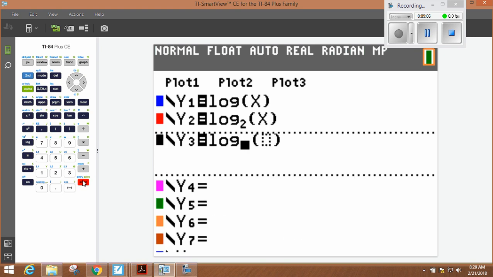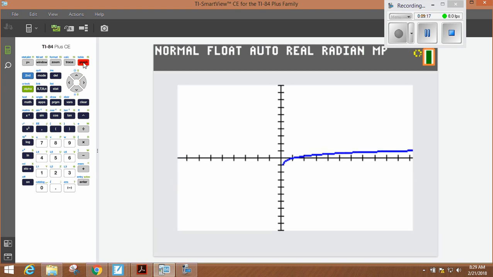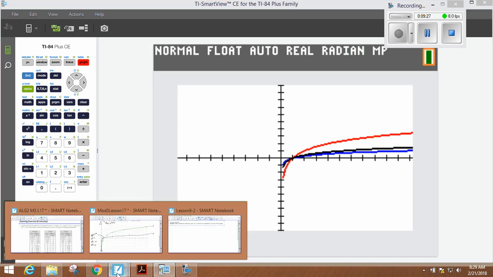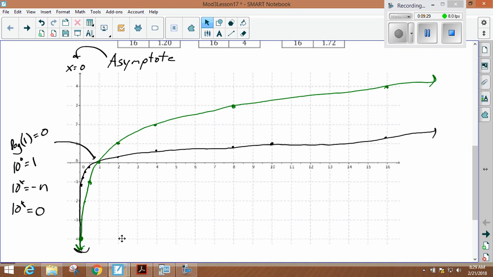Now, don't fret if you do not have this log base function. If you don't have the log base function, remember, you can change the base. So let's talk about, again, how to change that base.